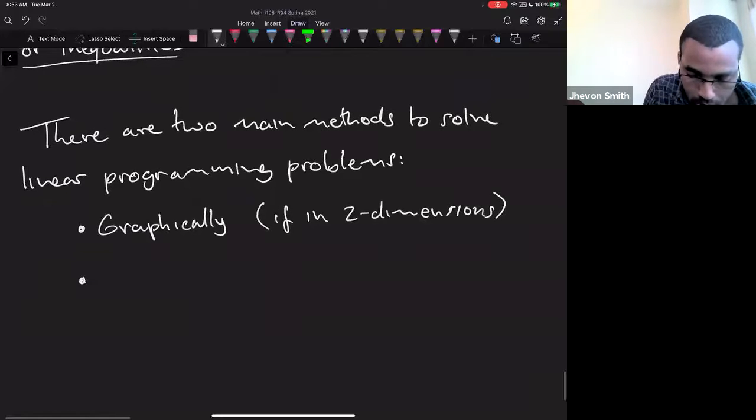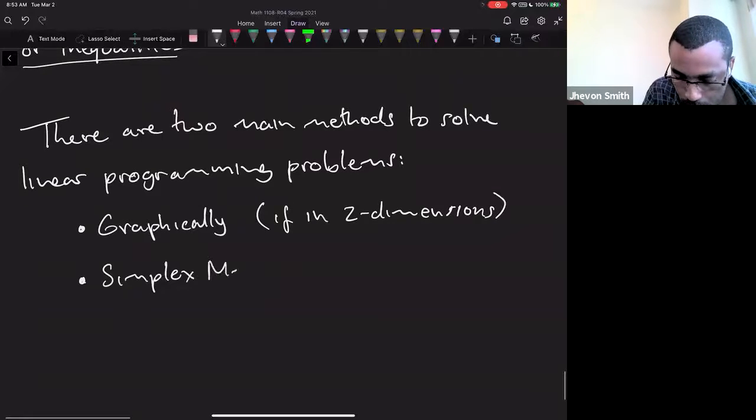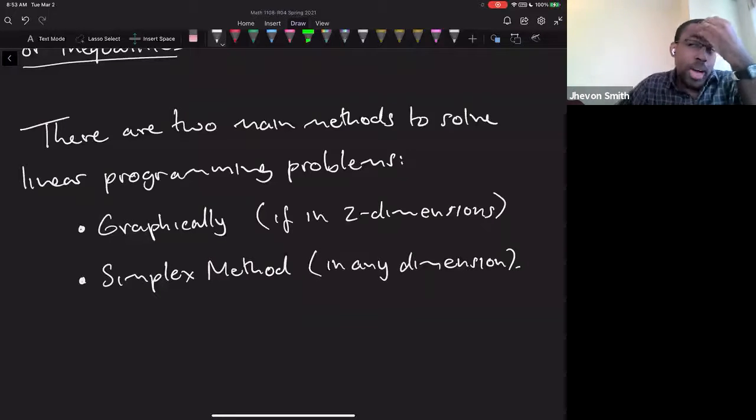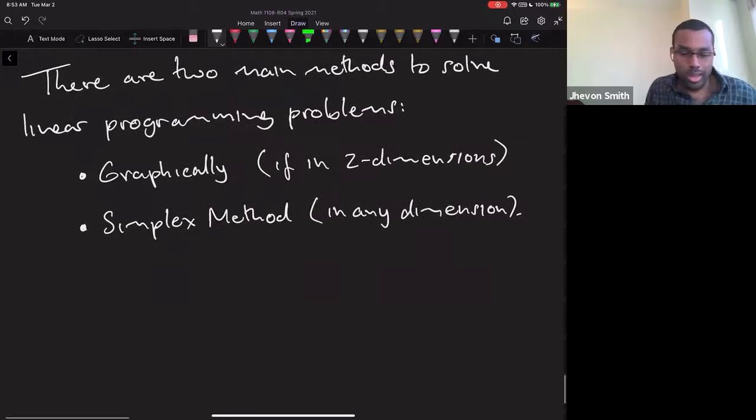And then there's something called the simplex method, in any dimension. Problem is, once you go past 4 variables, 4 dimensions, you can't draw it anymore. You can't visualize something in 4 dimensions. So the graphical way isn't going to work.